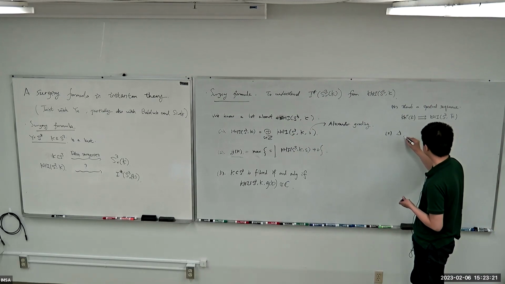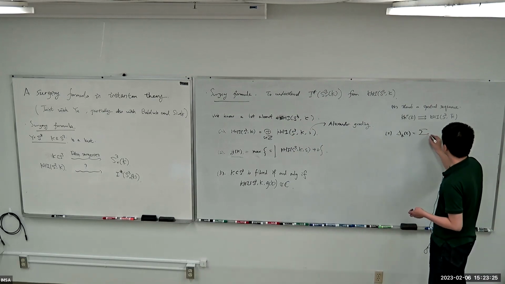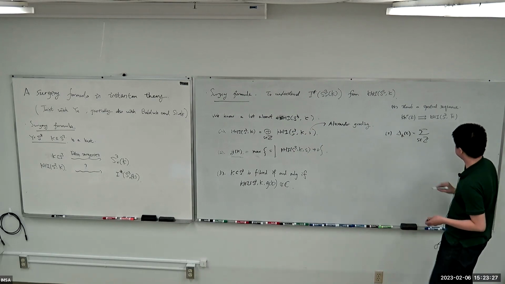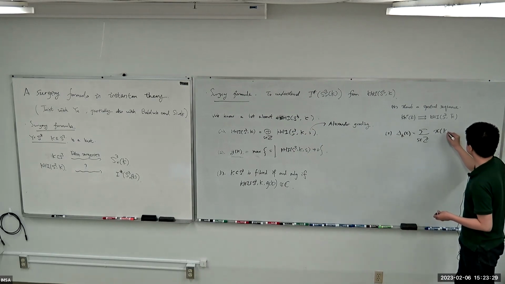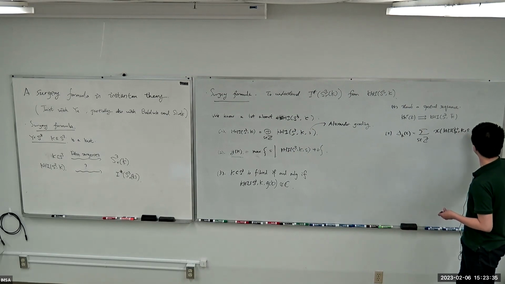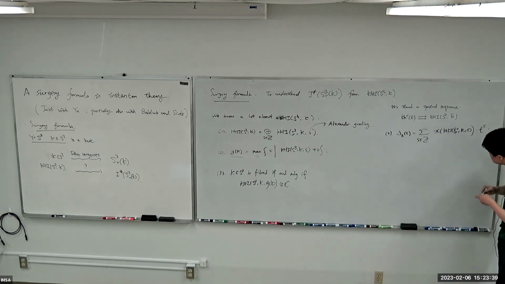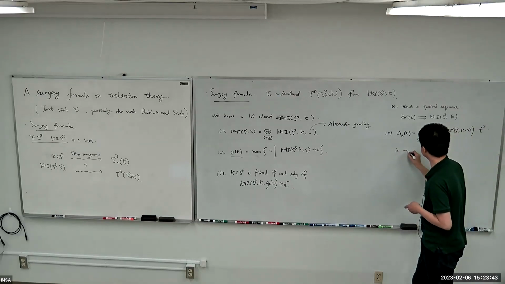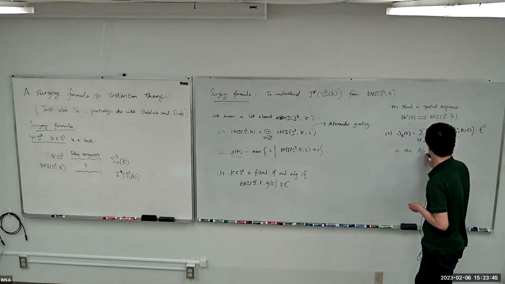If we put the Alexander grading to be the powers of T, then we get a polynomial, and this is the Alexander polynomial.